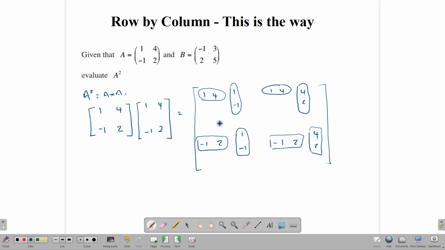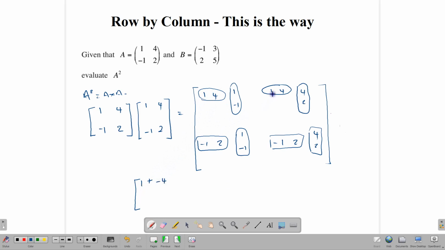All right, let's do the multiplication. I should write this down here to make it easier to look at, rather than going across the screen. So 1 times 1 gives us 1, plus 4 times -1 is -4.